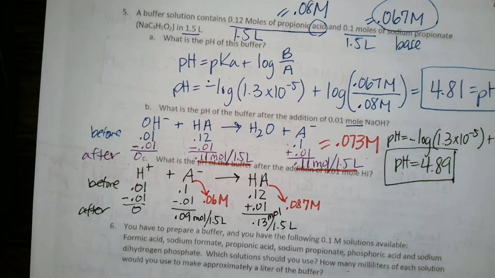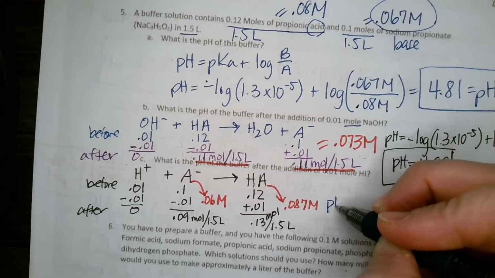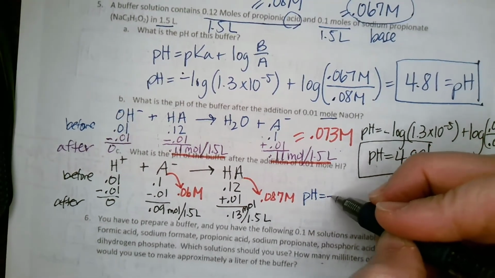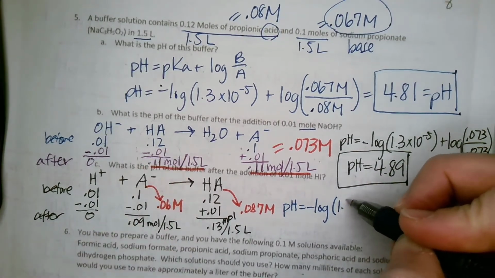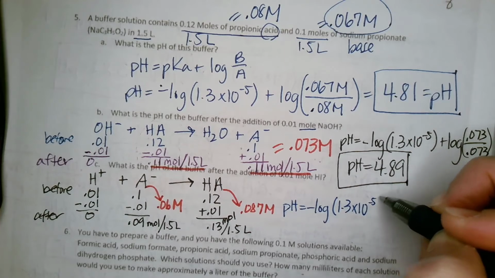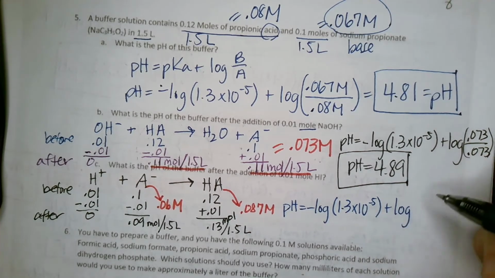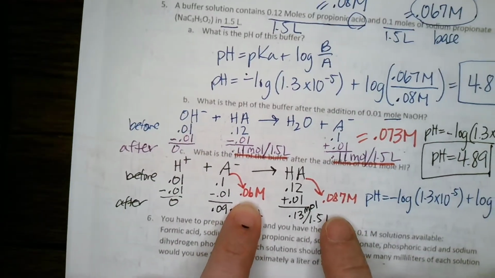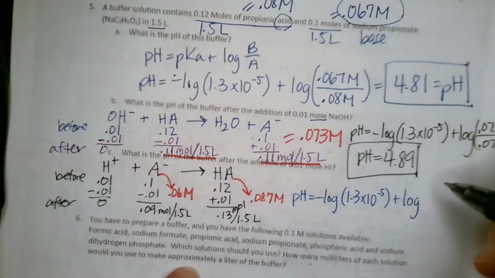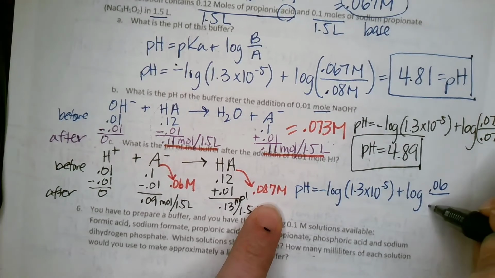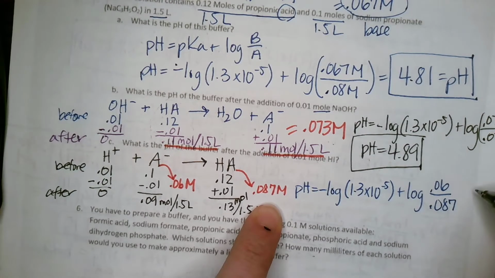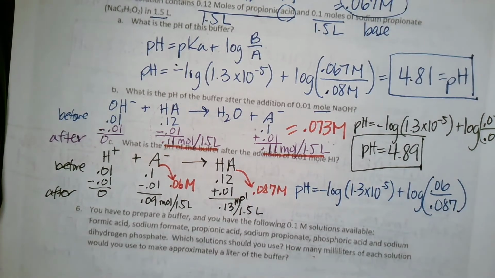All right, now let's plug it into our pH is equal to the negative log of our Ka, which is still 1.3 times 10 to the negative 5, plus the log of my base, we said was 0.06, over my acid, which we said was 0.087.